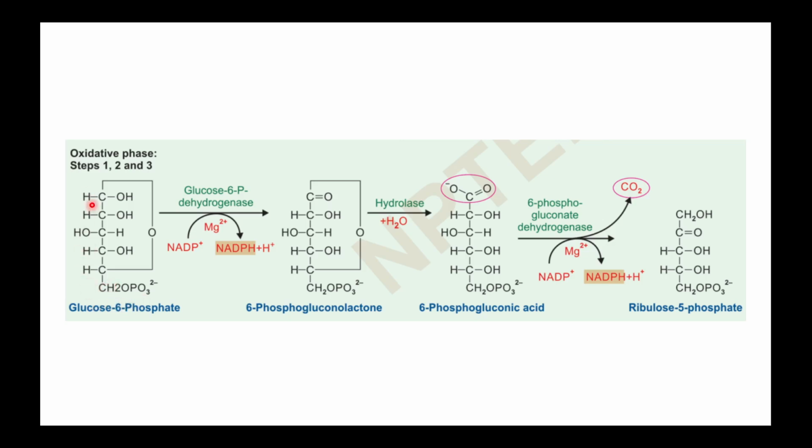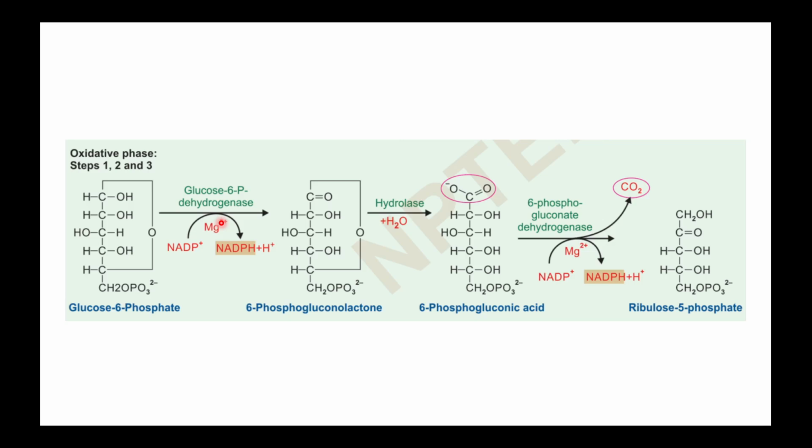This is the 6 carbon sugar, and here instead of the alcohol group, it gets converted into a ketone group. So it's a cyclic molecule, a lactone, so gluconolactone. 6 phospho, because the 6th carbon has the phosphate attached to it. So glucose 6 phosphate gets converted into 6 phosphogluconolactone by the enzyme glucose 6-phosphate dehydrogenase, converting one NADP molecule into NADPH.